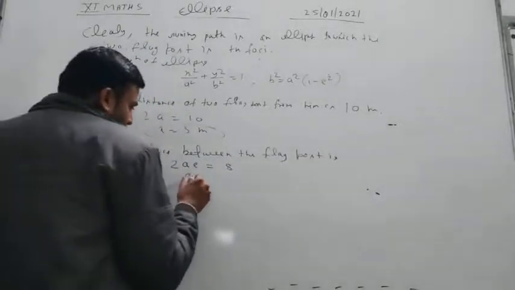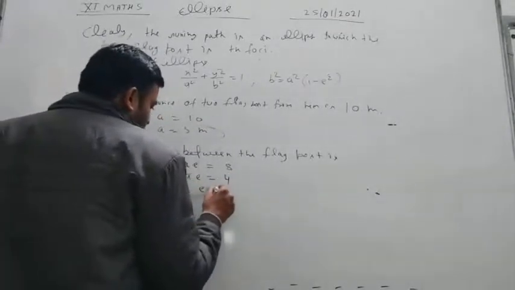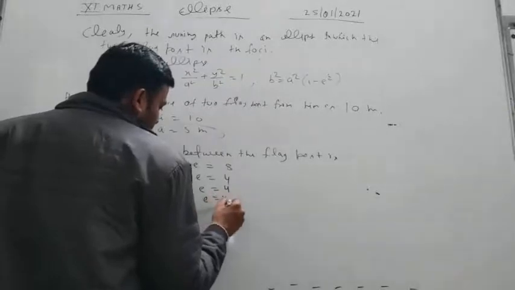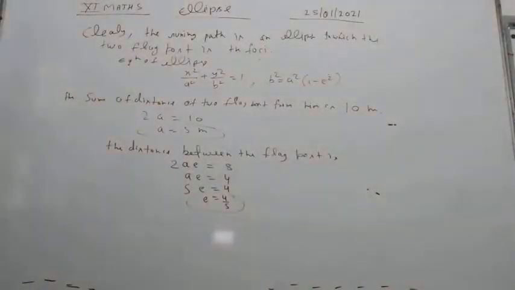So student, ae will be 4, and a is 5, so e is equal to 4 by 5. Okay student, so from here we have found e is equal to 4 by 5.